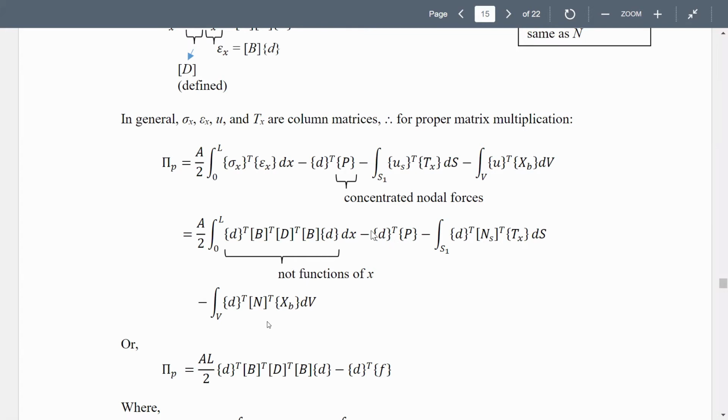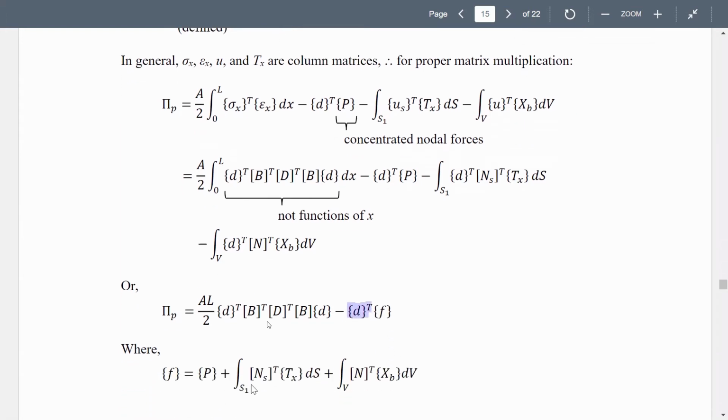And you see there is d transpose here, another d transpose here, another d transpose here. Factor them out. Take them out. So it is negative d transpose times F, where this F is given by this here.